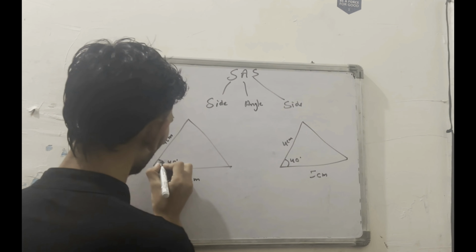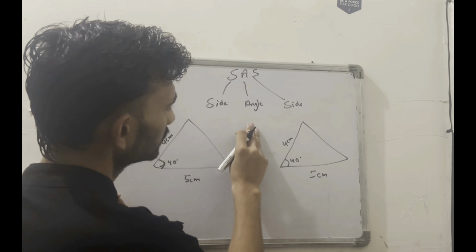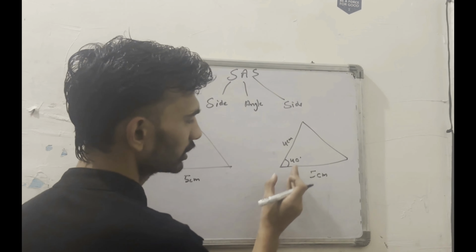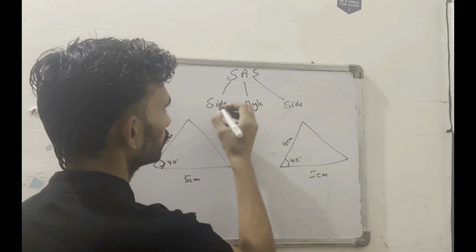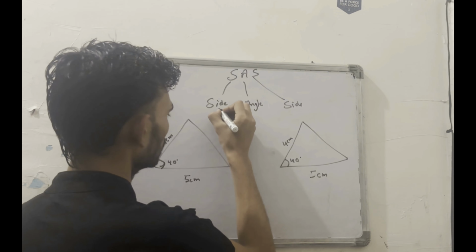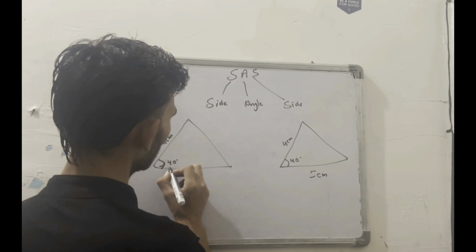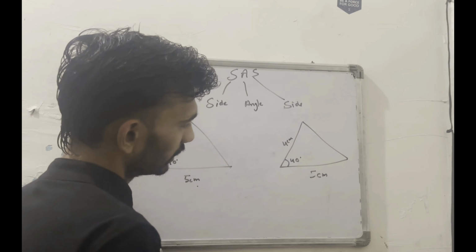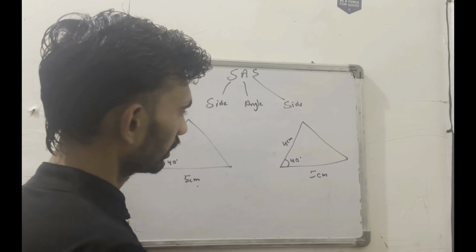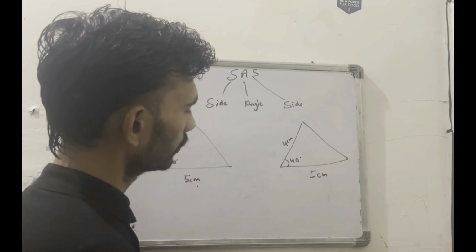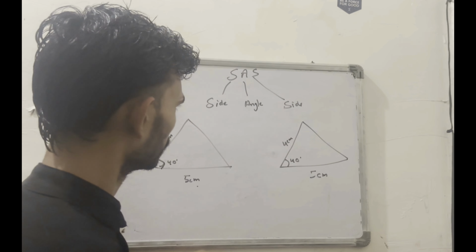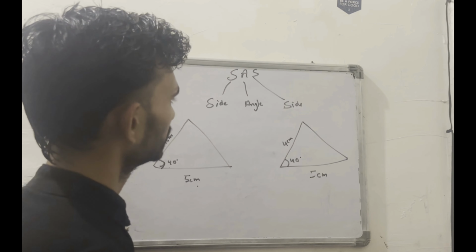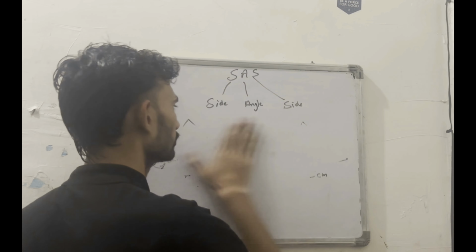So for proving two triangles are equivalent to each other, we take a side, then an angle, then again a side. Okay, let's take a look into an example for that one question to explain it in a more efficient manner.